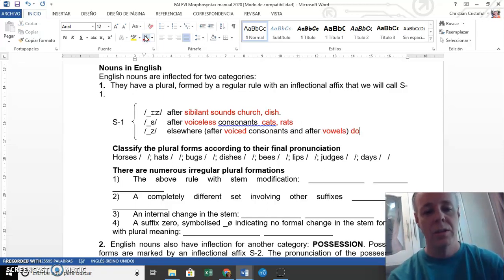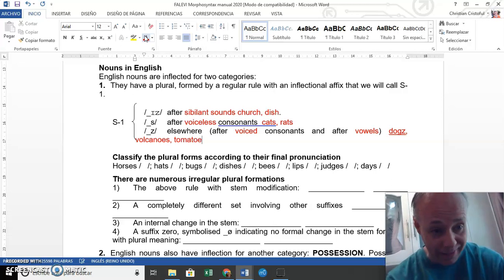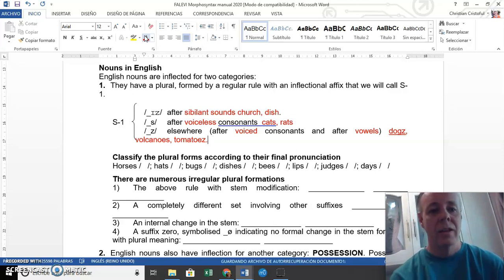Example, dog, dogs. Volcano, volcanoes. Tomato, tomatoes. Like that. Okay, so plural is like that. This has to do with pronunciation.